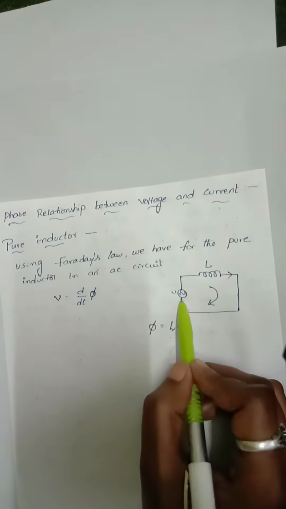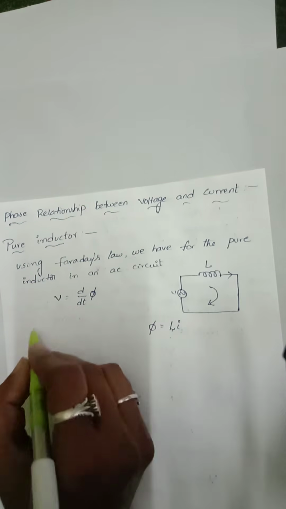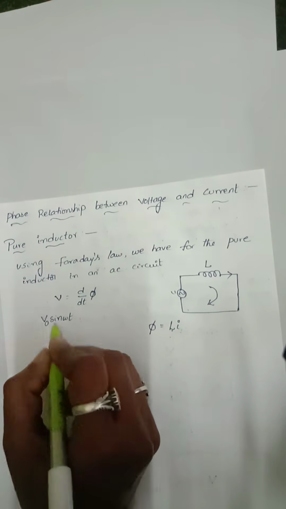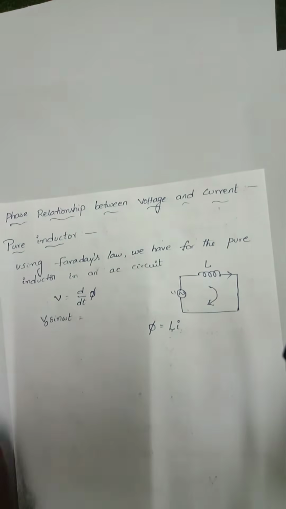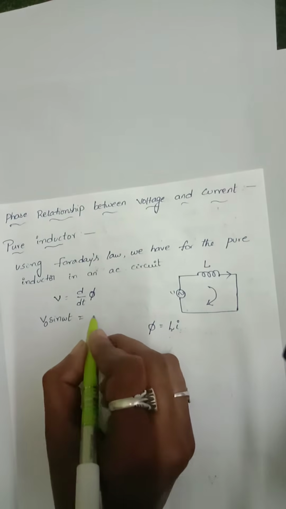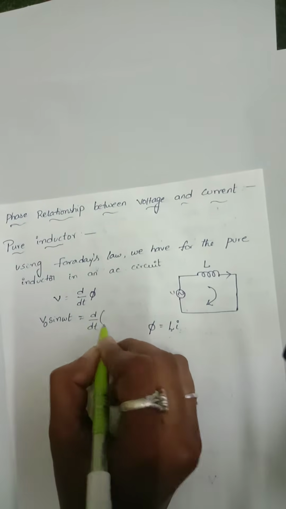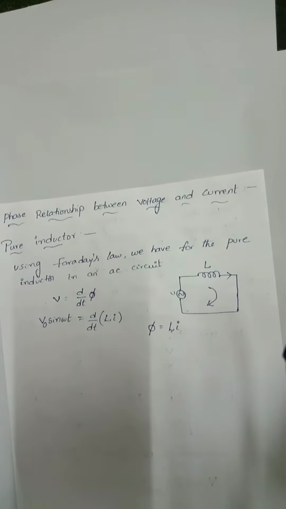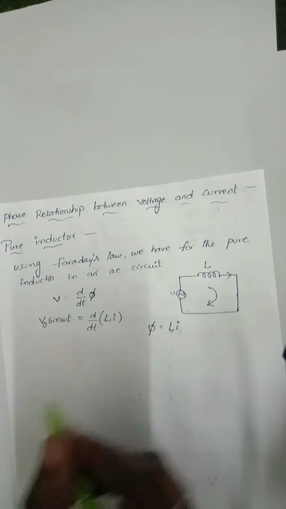What is the applied voltage? AC voltage. Let the AC voltage be V naught sin omega t. V is equal to V naught sin omega t, that is equal to d by dt of L into I. Here L is constant.